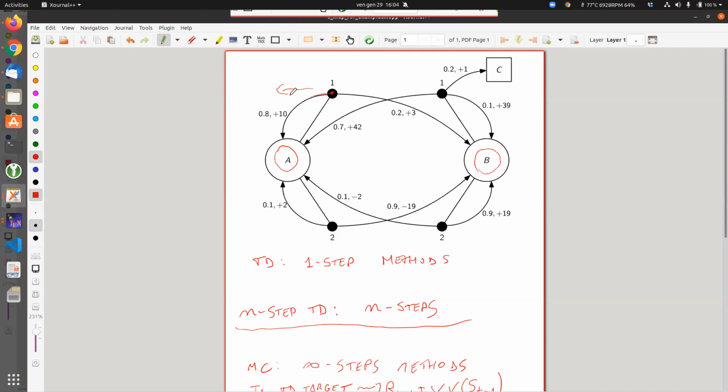So in this direction, I will have 8 plus the value of A. Forgive me if I don't put the discount factor, just for the sake of exposition.